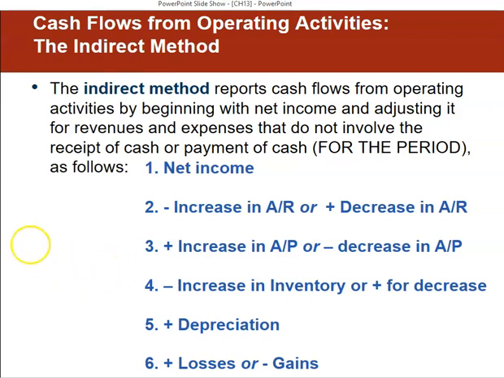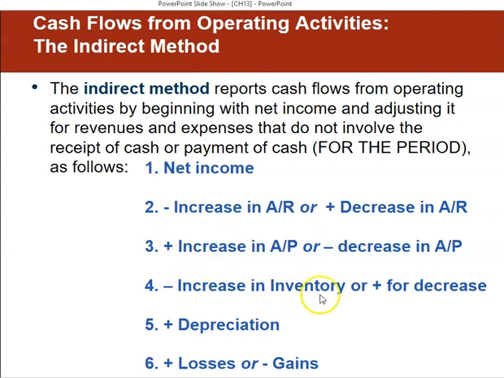So that one utility bill caused our accounts payable to go up by $1,000, but we haven't paid that out in cash yet. Therefore, it is a positive adjustment to cash, because that's what we're talking about reconciling, is cash. If we have a decrease in accounts payable, that means we've used some excess cash.